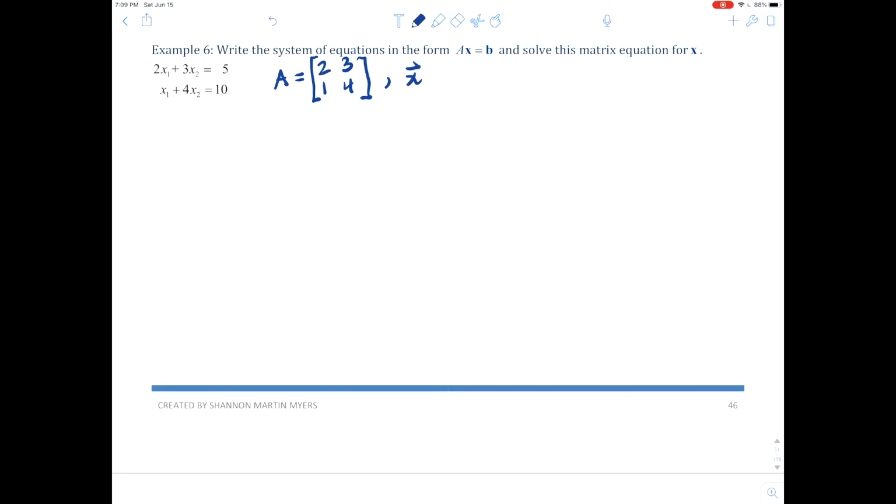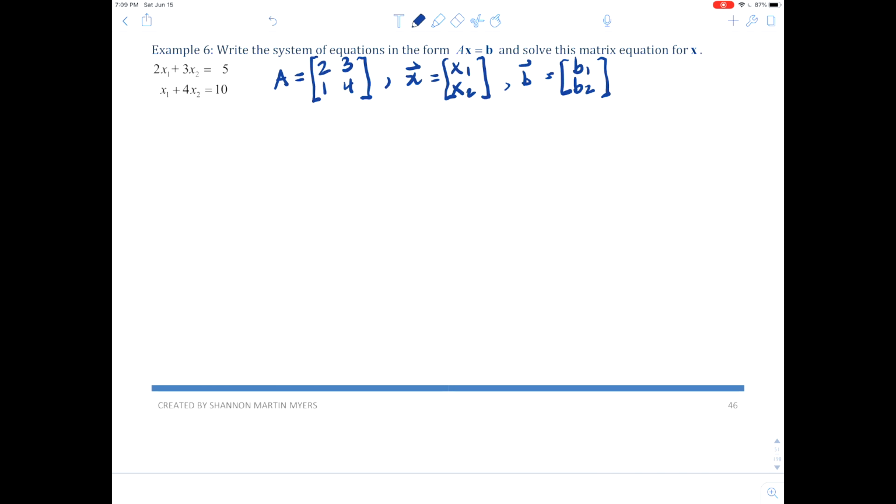Let's just call it X, and that's equal to X1, X2. And then, very good, we'd have our matrix of constants, which will be B1 and B2.